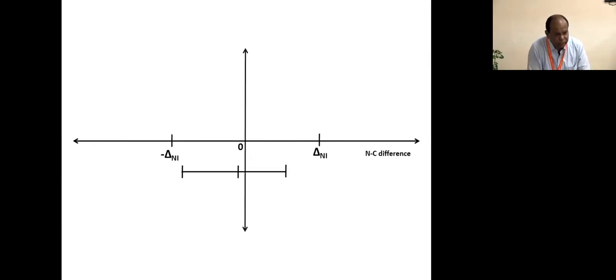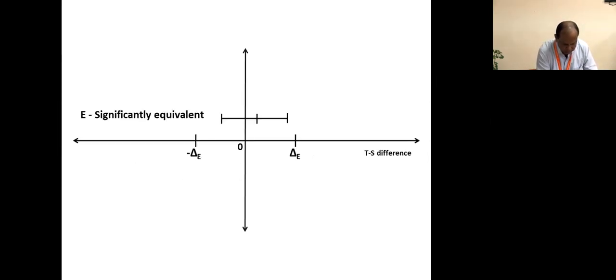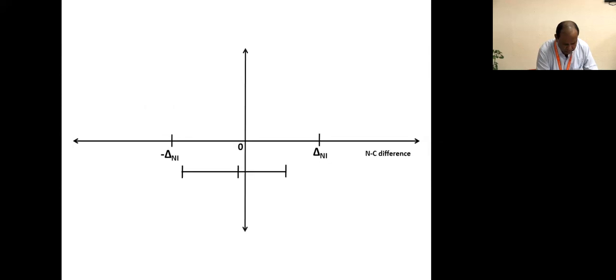This one is the non-inferiority margin. The moment I say non-inferiority, you should wake up and look at only the lower side of the confidence interval. So this is the non-inferiority region. Oh, where is the graph? The line is not there. Oh, here.